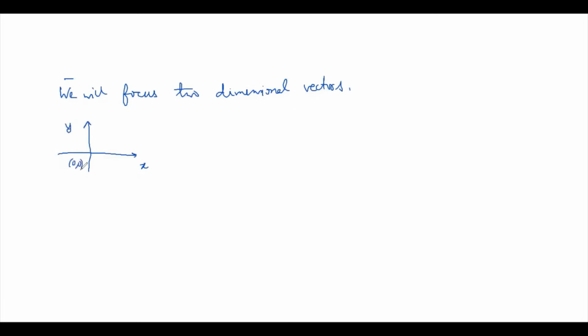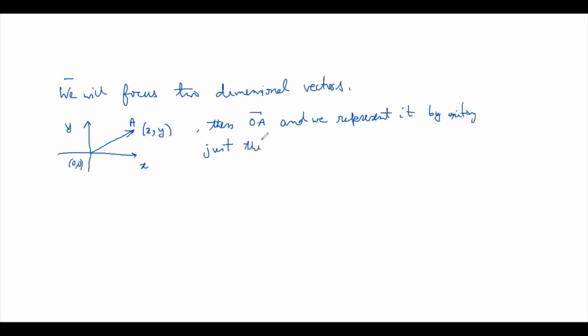0, 0. And a vector is a directed line segment from 0, 0 to a point A. So if X and Y are the coordinates of the point A, then OA is a vector, and we represent it by just writing the X and Y coordinates as a column vector.